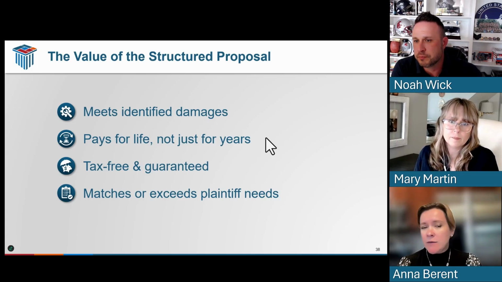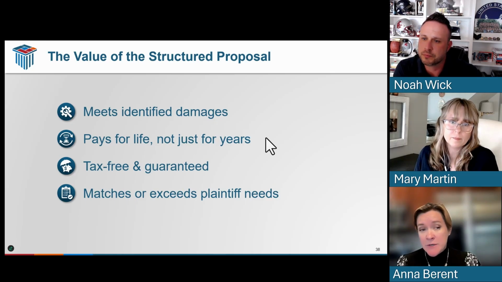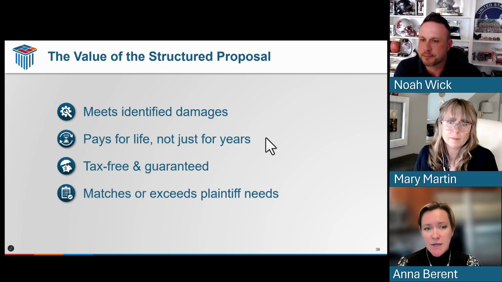But just because of that alone, it's worthwhile investigating and seeing, especially if you have a crazy demand, $150 million demand, and then you come up with a structure, and the funding of that structure would be in the low 7 figures or even in the 6 figures, if that's the value that you want to put on the case. So I would say, yes, it's worth it in every case.